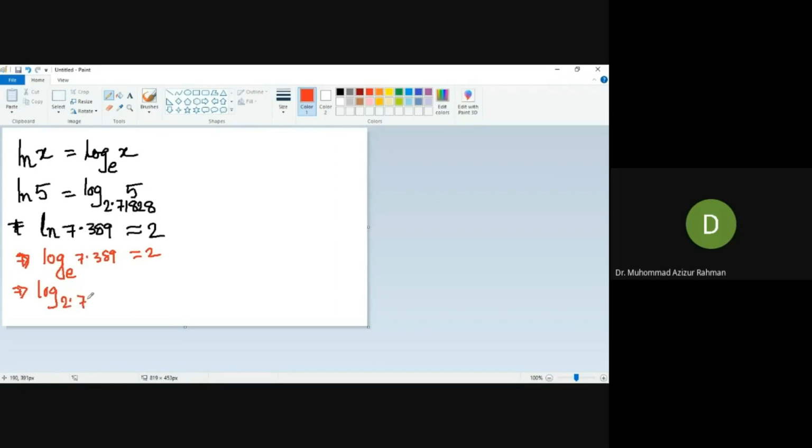If we do the exponential, 2.71828 to the power 2 equals 7.389. Correct? Yes, sir. So in this way we can do the calculations.